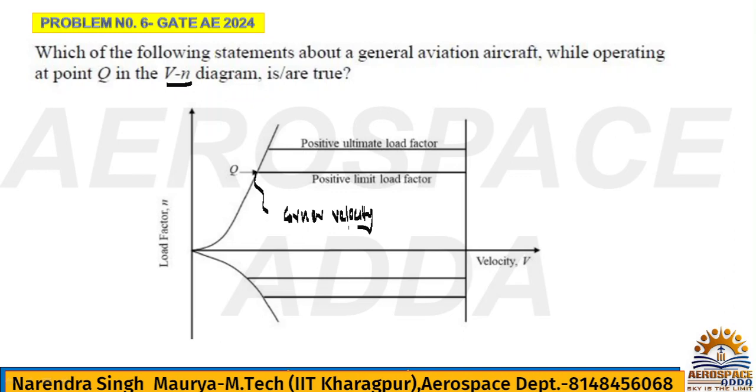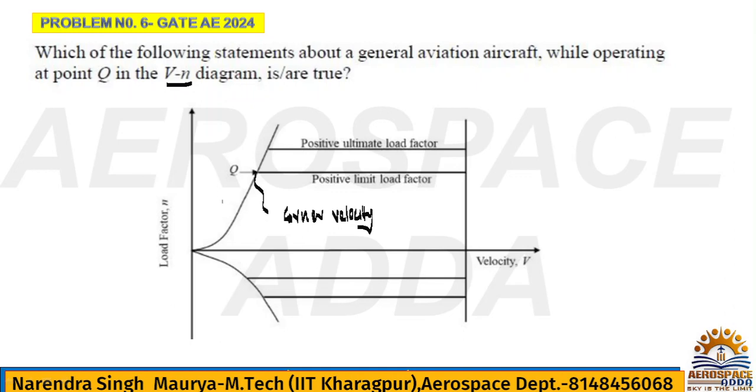Now, the limit load factor and maximum load factor they have given to us. In between, the positive ultimate load factor and positive limit load factor they have given. Ultimate load factor means that's the maximum that it can sustain. Otherwise there will be failure, structural failure, right?